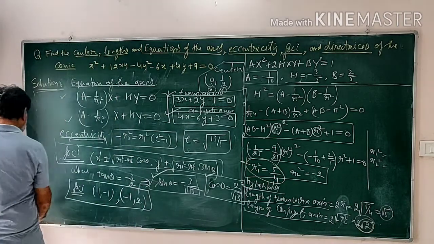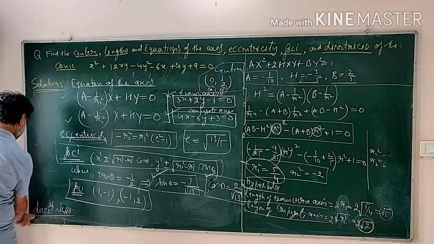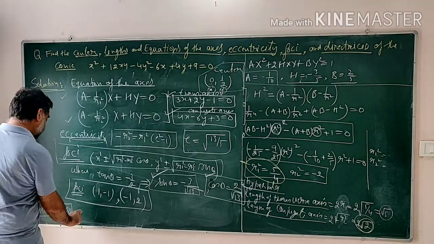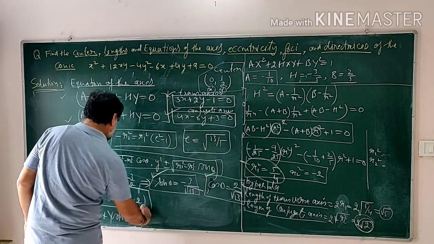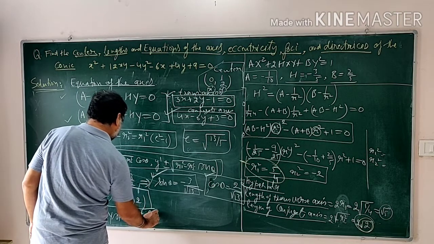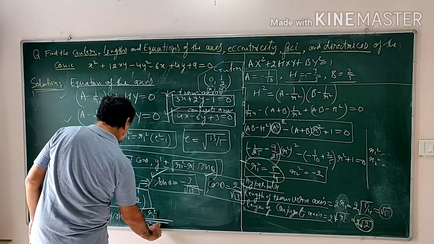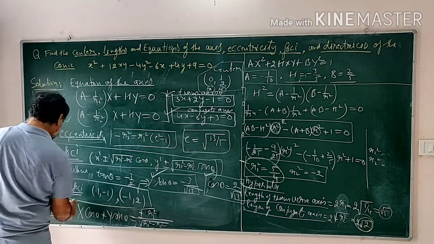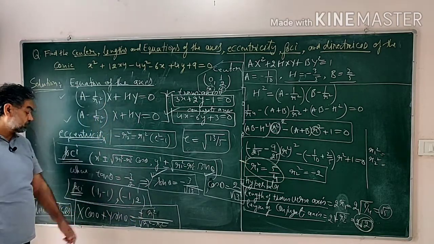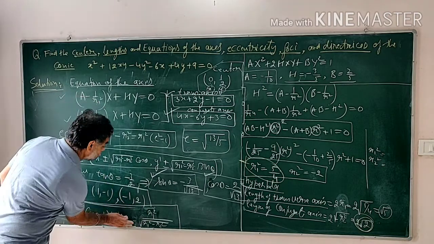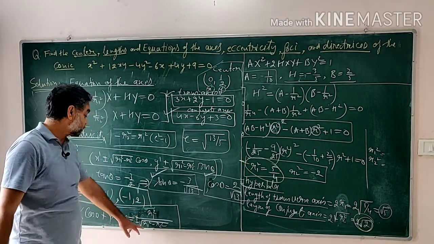The equations of the directrices are given by X cos theta plus Y sin theta is equal to plus minus r1 square over root of r1 square minus r2 square.